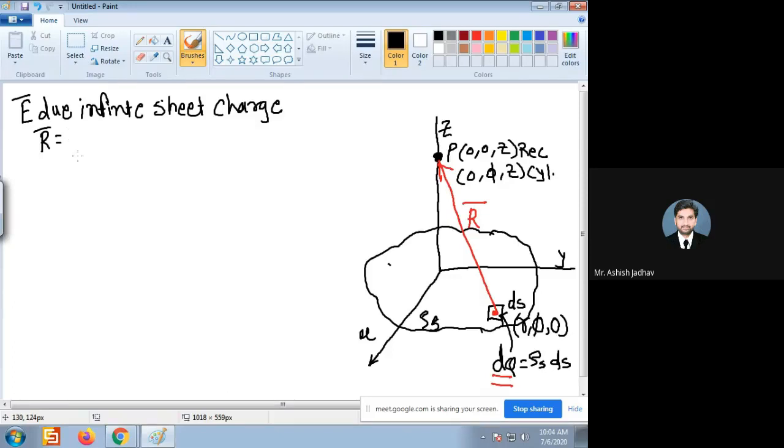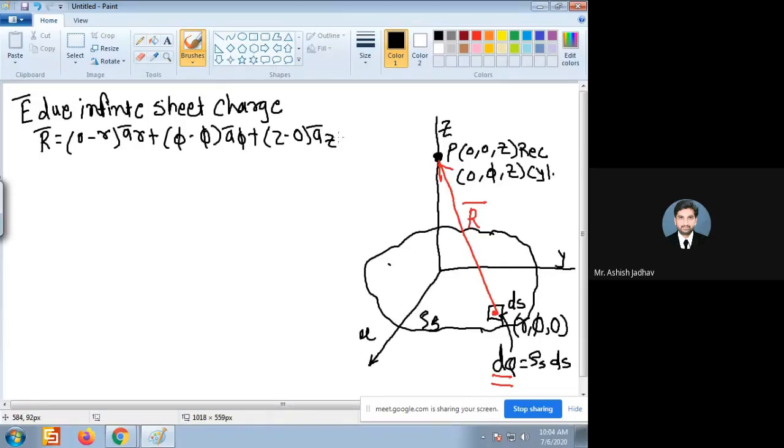So vector r bar is equal to 0 minus r a bar r plus phi minus phi, 0 of course, a bar phi plus z minus 0 a bar z, right?